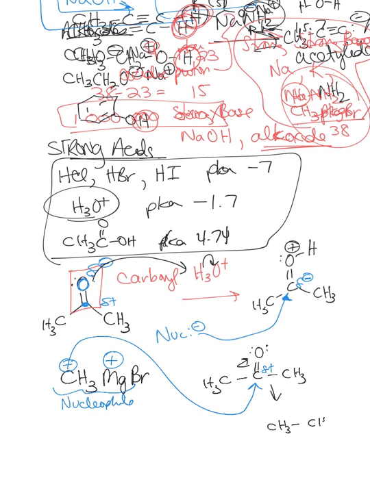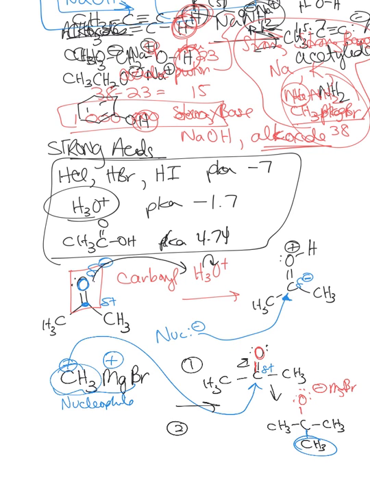CH3. This is your CH3 here. This just added. And then this is your oxygen, and then this gets protonated. What you do is you write 1. This is step number 1 across the reaction arrow, and then step number 2.